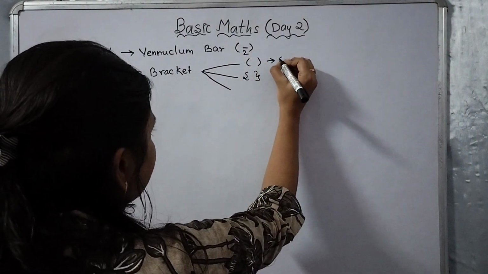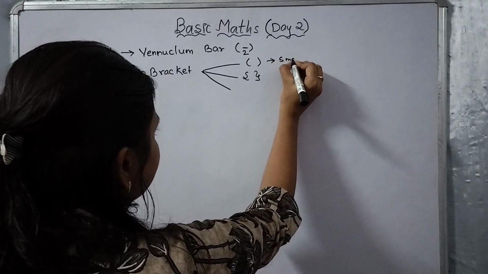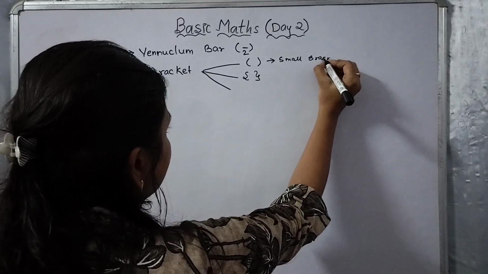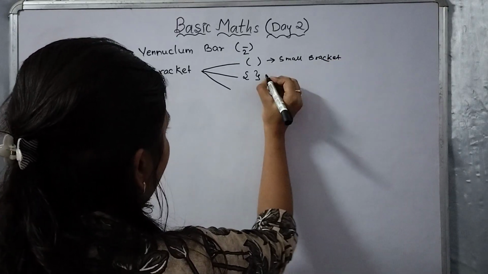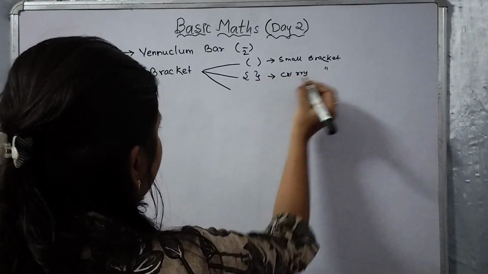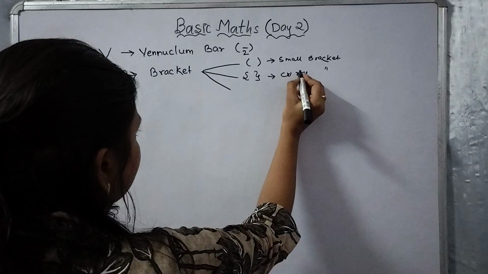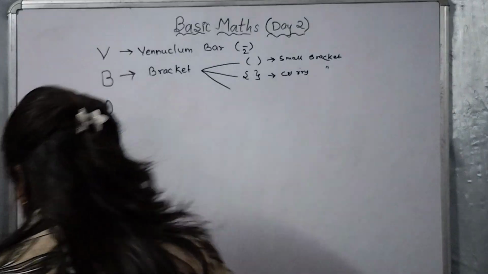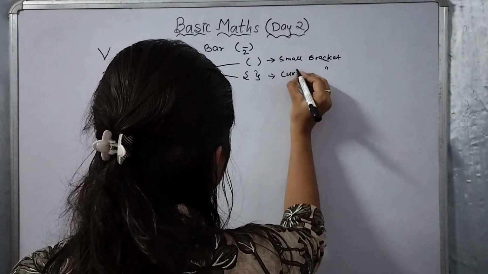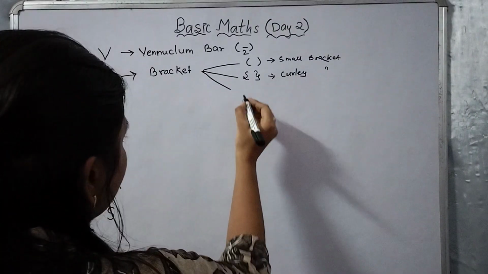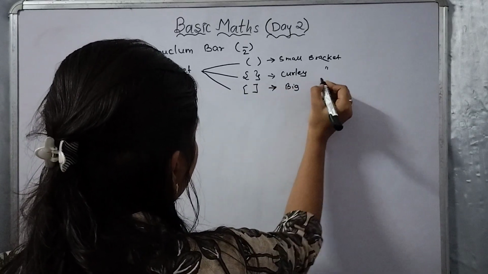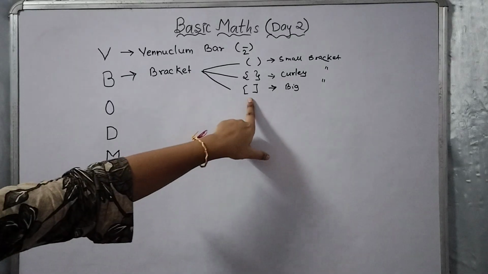Third is the big bracket or square bracket, which is solved at the end.